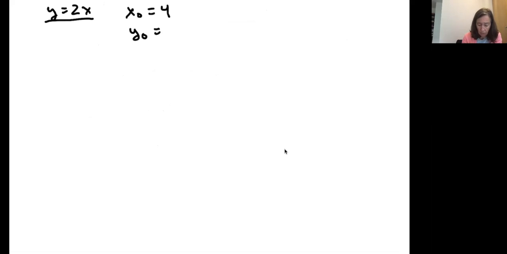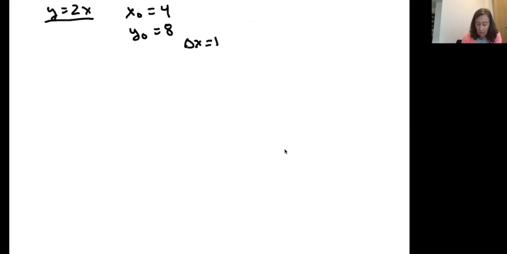Just because this is an important contrast, let's check that I'm right about that. Let's look at the real simple linear function here, y equals 2x. I can calculate delta y over delta x by picking a starting point, x0. Let's pick 4. Then my y0, 2 times 4, is 8. Let's pick an easy delta x of 1.